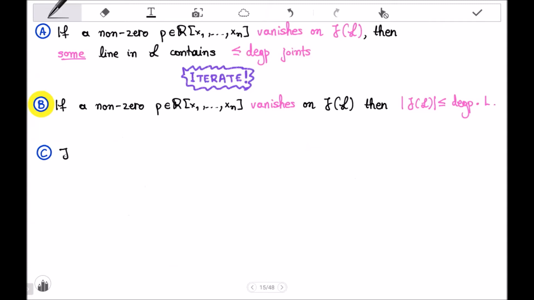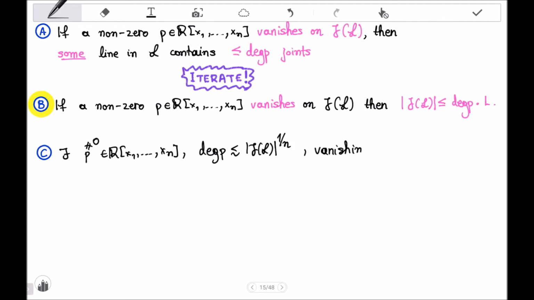We know that there exists a non-zero polynomial in n variables that vanishes on all of our joints, and its degree only depends on the number of joints. So the degree is at most the number of joints to the 1 over the dimension.